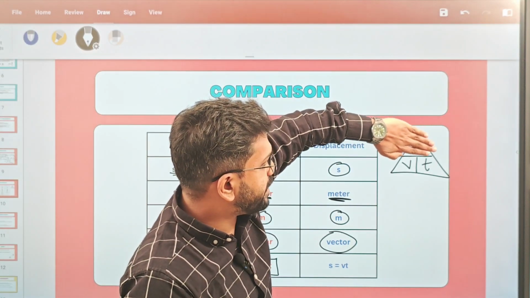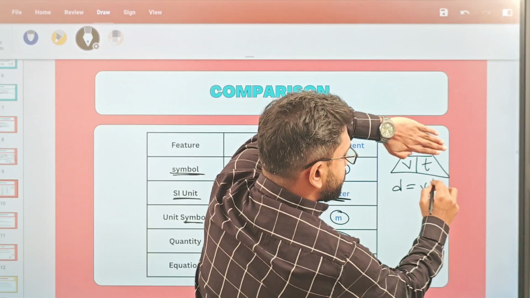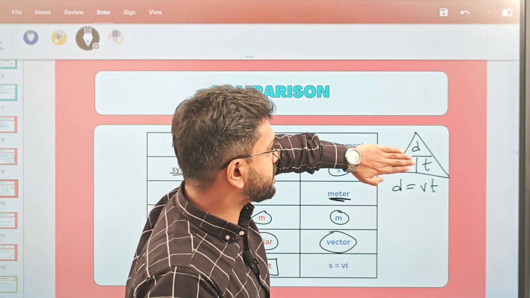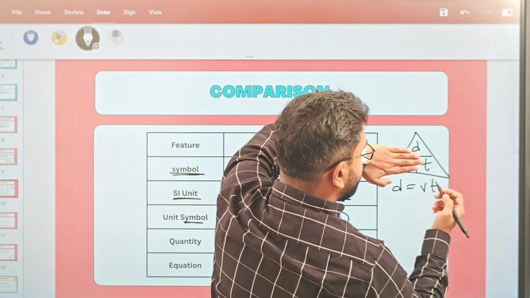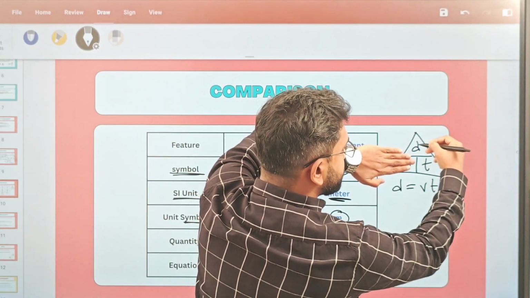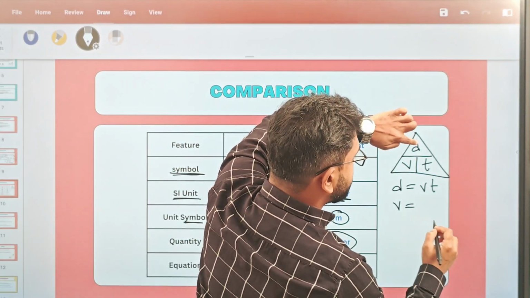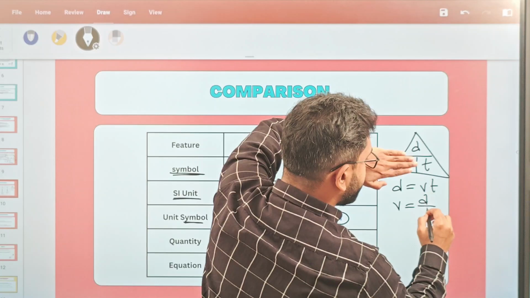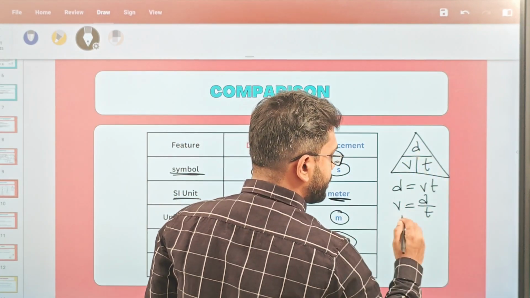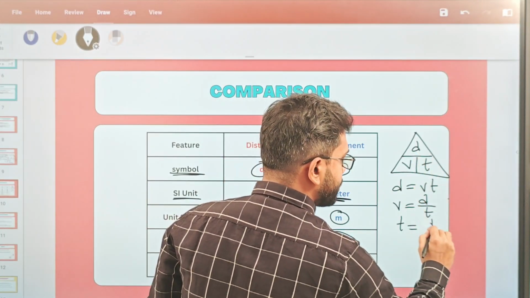Let's say if you hide d, you see that v and t side by side, so you can say that d equals to speed multiplied by time. Now if you want to find speed when distance and time are given, if you hide this, you see that this is distance over time, so you can write v equal to distance over time, d divided by t. Similarly, if distance and speed are given, you can hide t and calculate distance over speed.